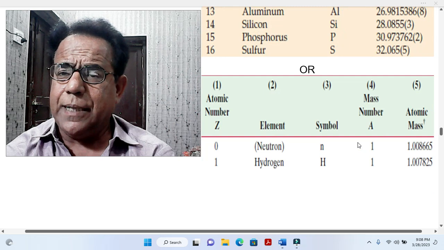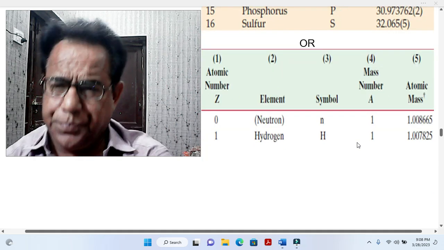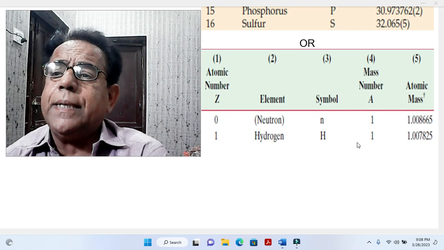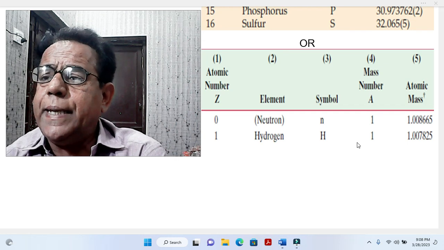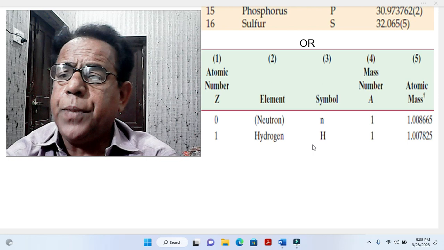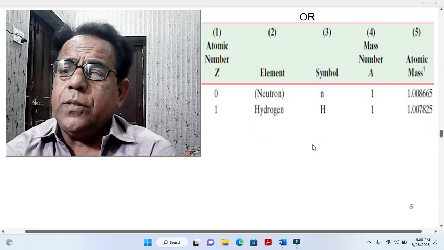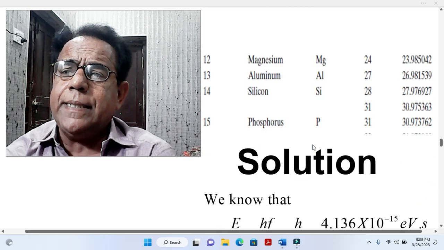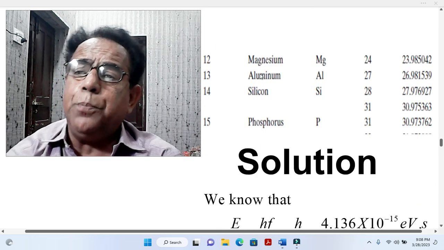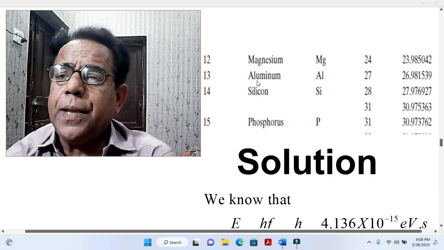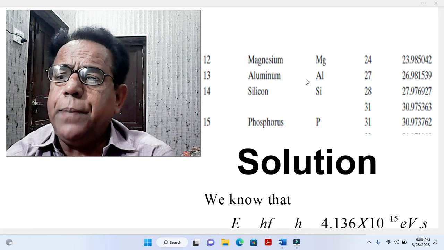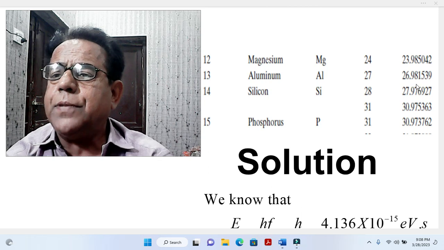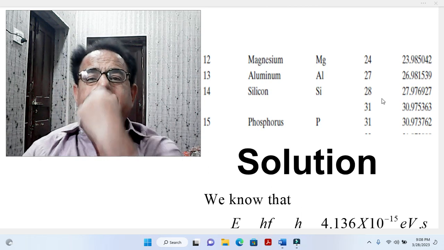Similarly, another snapshot: atomic number Z, element, symbol, mass number A, atomic mass U. This is the starting portion of that table, and this is the actual concerned portion, in which 13, aluminum Al 27, 26.981539. Okay, it is quite enough.